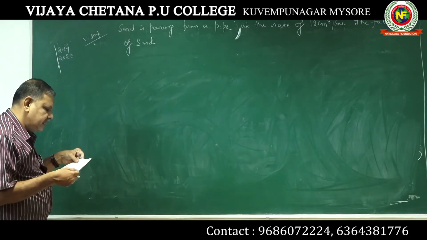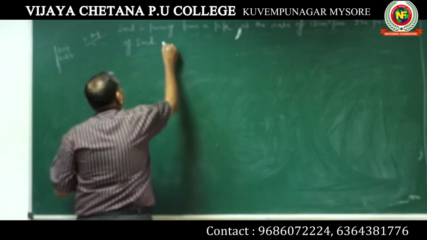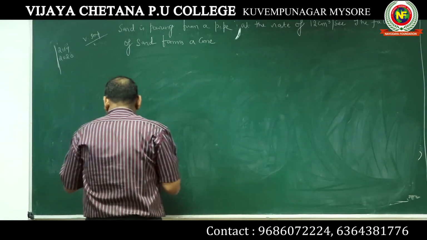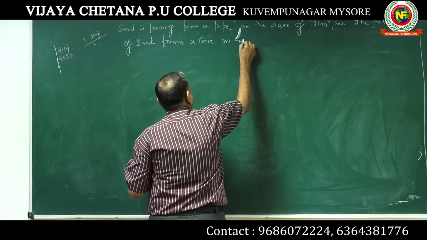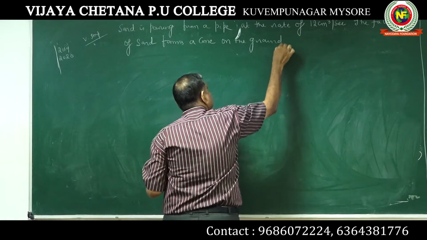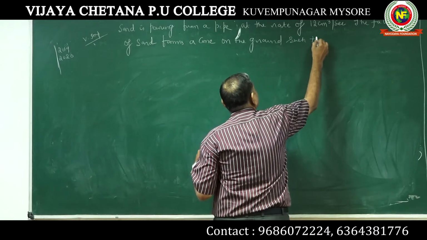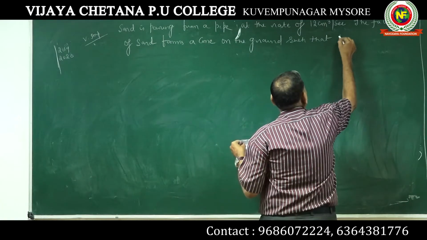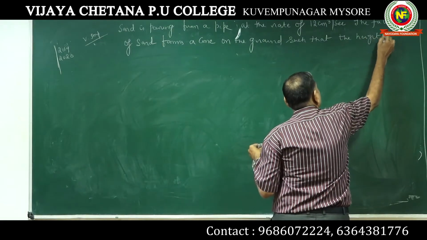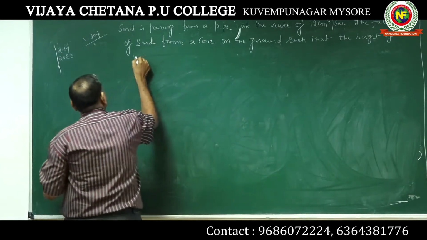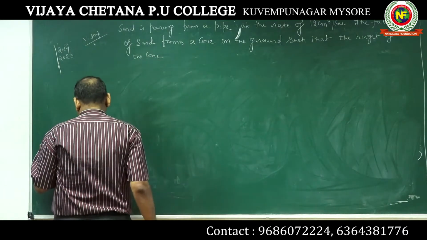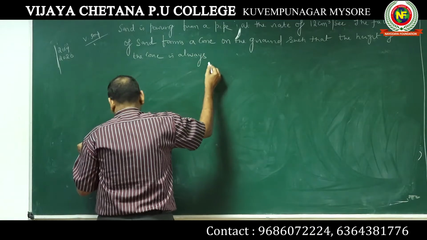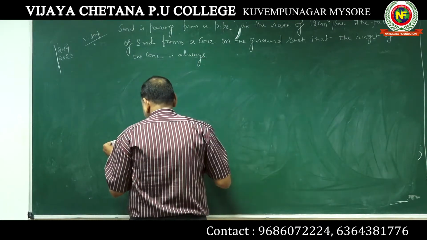The falling of sand forms a cone on the ground such that the height of the cone is always 1/6 of the radius of the base.